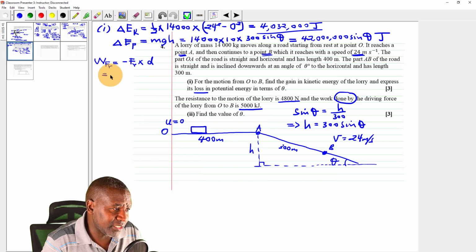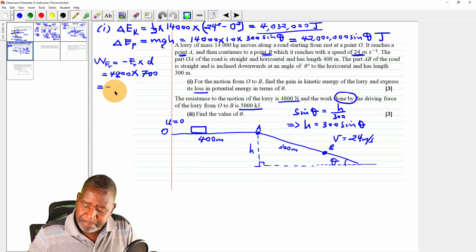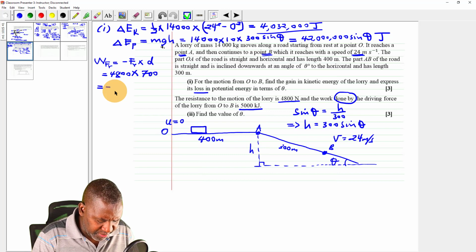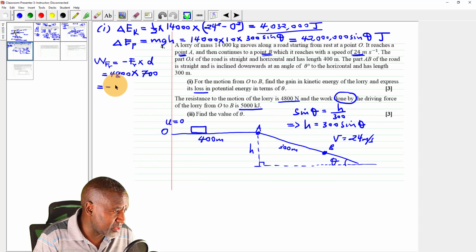The work done by resistance force will be minus 4,800 times 400 plus 300, which is 700. That is 4,800 times 700, and I have 3,360,000 joules.